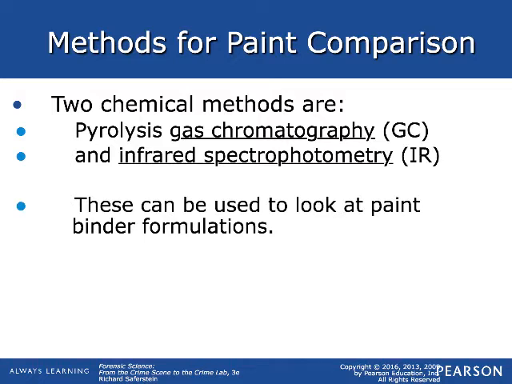These are things that students learn about usually in organic chemistry and beyond. So they're kind of tricky and complex. Okay, now those two things, GC and IR, are going to be used to look at the binder formulations for the paint.